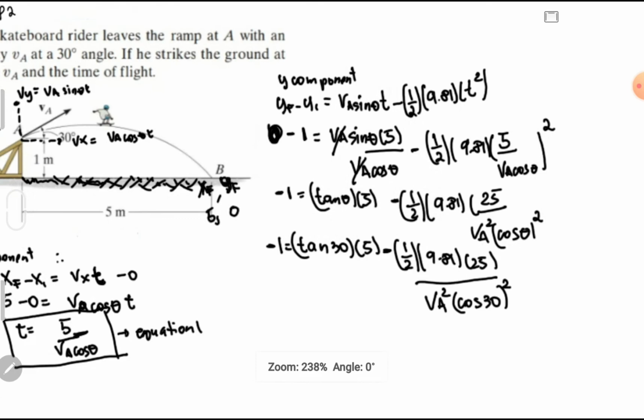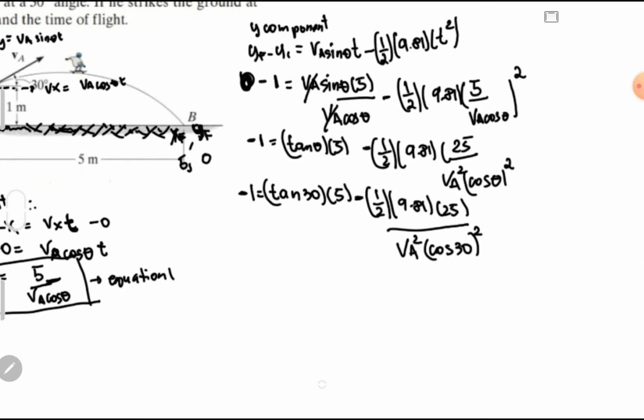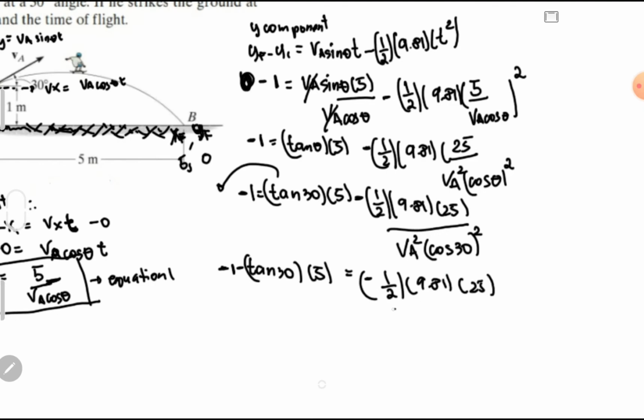Okay, so we'll have negative 1 less tan 30 multiplied by 5. I'll just put negative 1, transpose it here, so negative tan 30 multiplied by 5 is equal to negative 1 half multiplied by 9.81 multiplied by 25 all over your va squared cosine 30 squared.